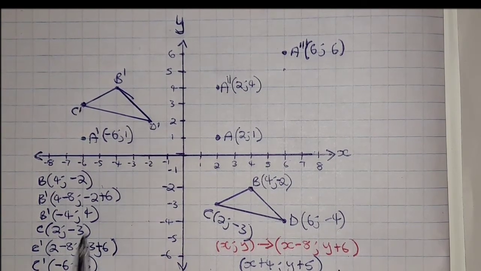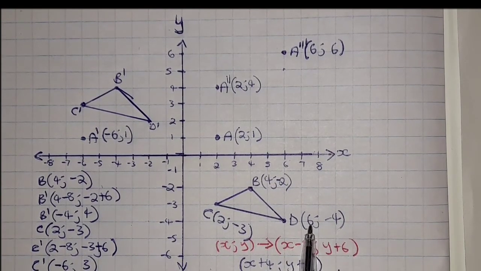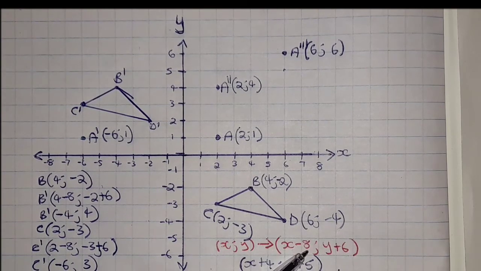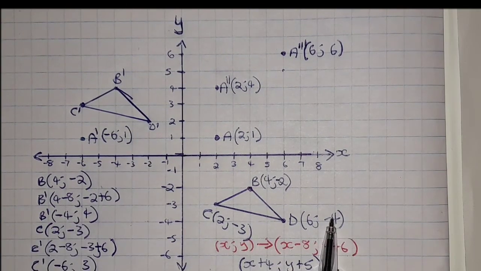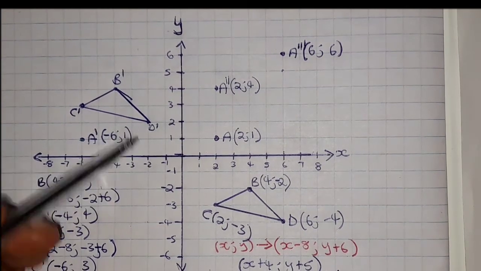And then D, you can do the same. Our coordinates for D is 6, 4. So it's 6 minus 8. We get a negative 2. Here is our negative 2. And then negative 4 plus 6 is positive 2. Here is our positive 2.